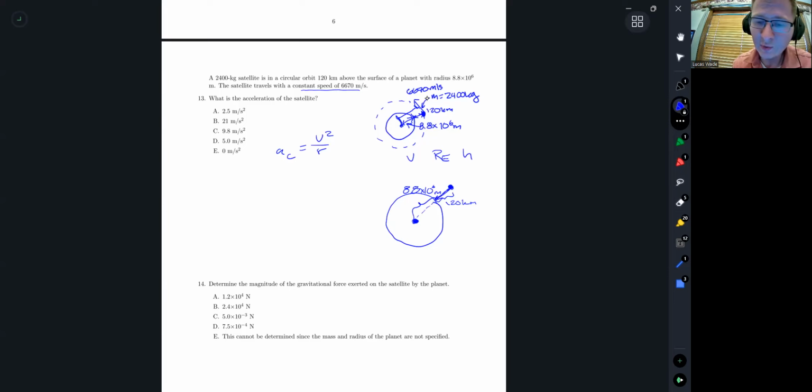So the distance we need to use is the distance of the satellite from this center point, which is not the radius of the planet, but the radius of the planet plus how far above the planet the satellite is. That is our overall radius, the distance between the center of the planet and where the satellite is.